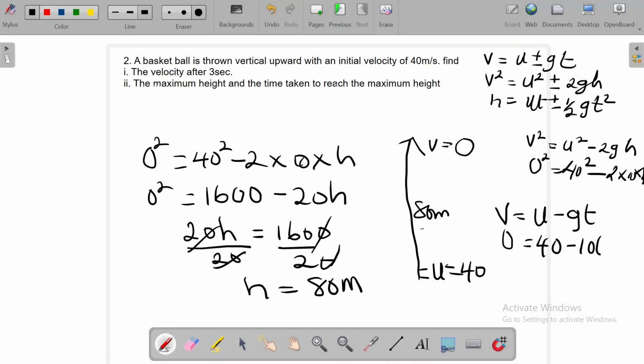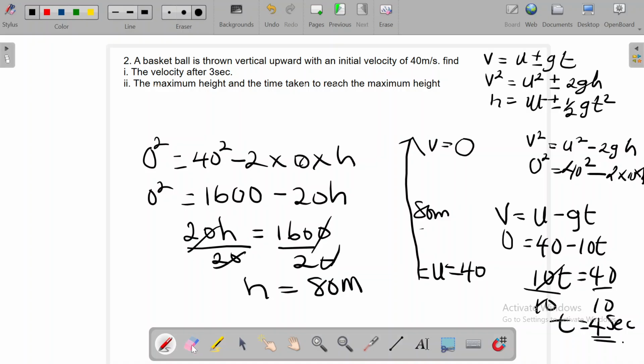Gravity is 10, so 10t. This becomes 10t is equal to 40. I put the 10 to the other side, divided by 10, divided by 10, and this gives you t is equal to 4 seconds. Okay, and then we are done with these questions.